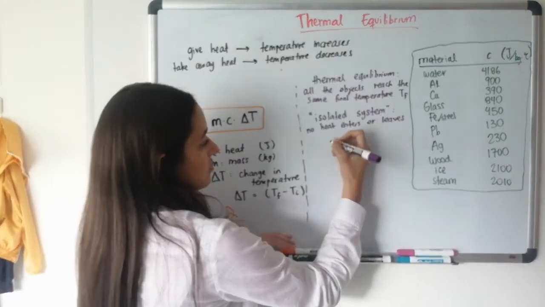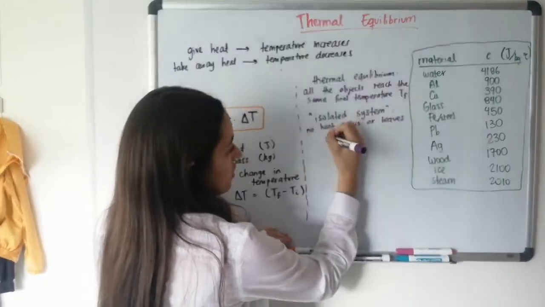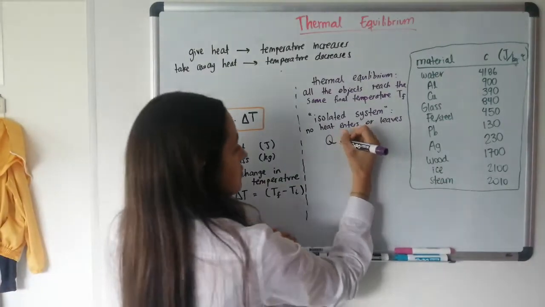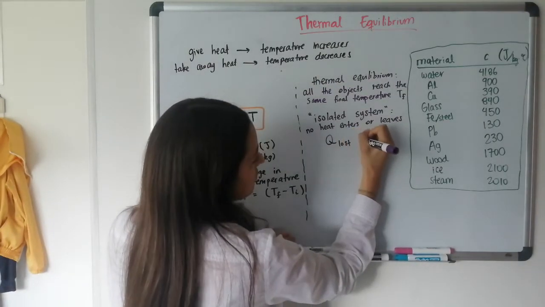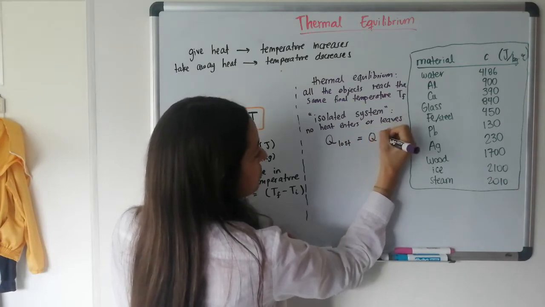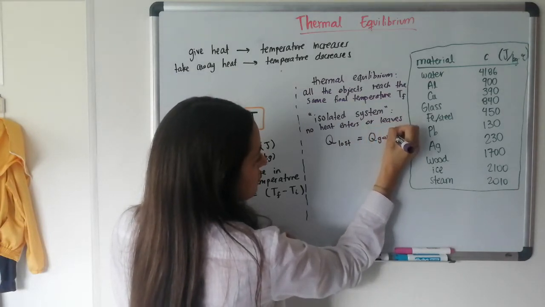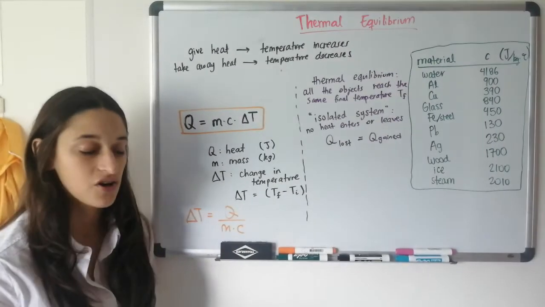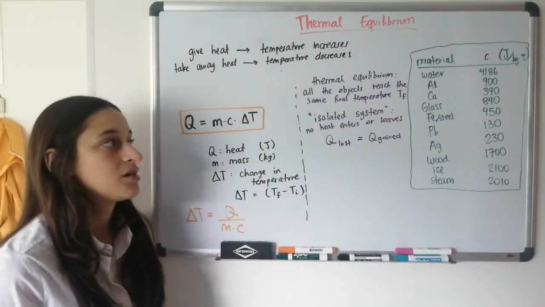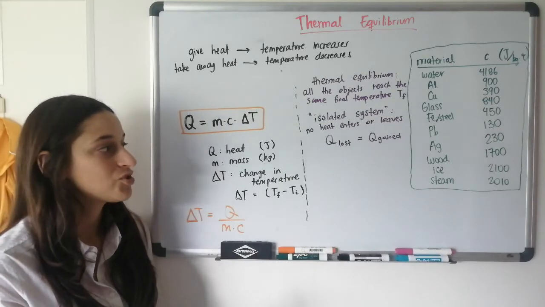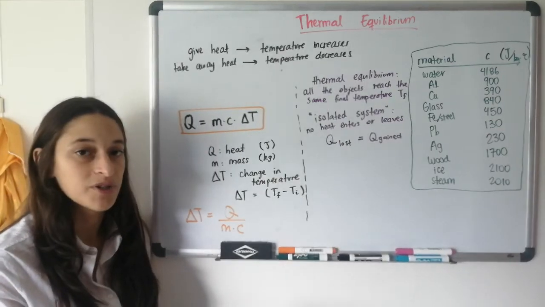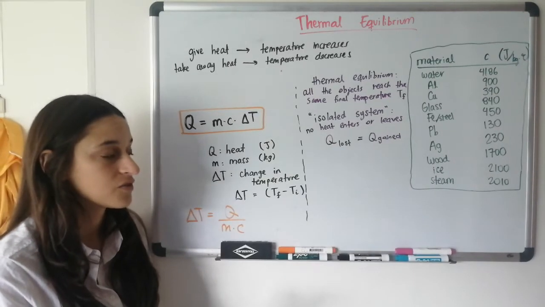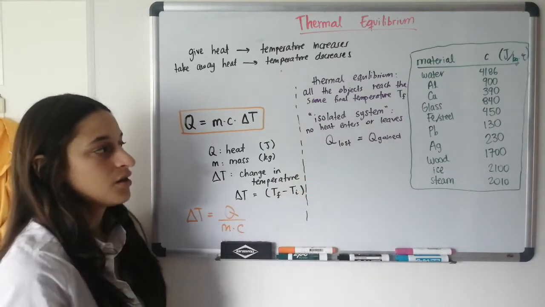So we can basically write that as an equation in which the heat, which remember we wrote as Q, the heat lost by one object is equal to the heat, Q, gained by the other object. So those are the two basic concepts of thermal equilibrium. Both objects will have the same final temperature, and all of the heat lost by one object will be gained by the other object, or objects, if there's more than just two objects.